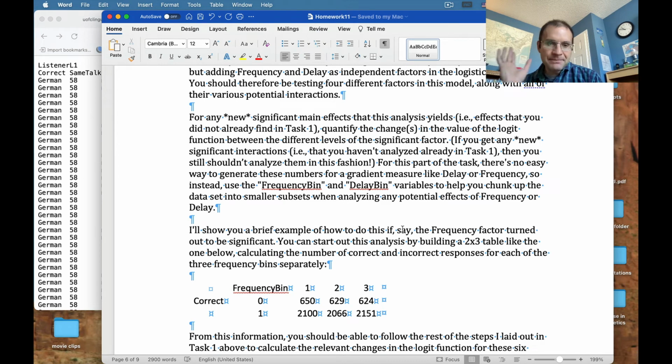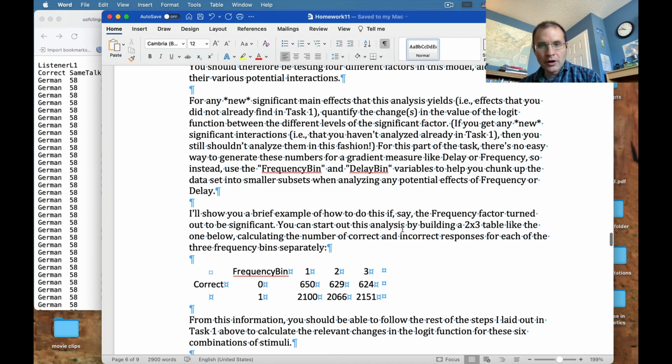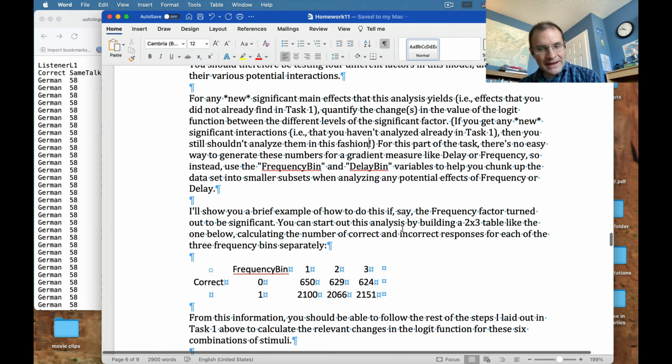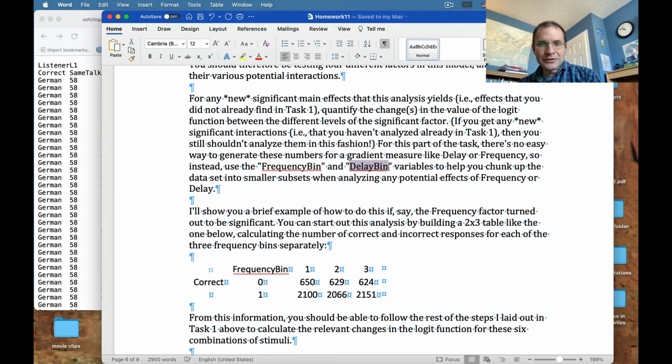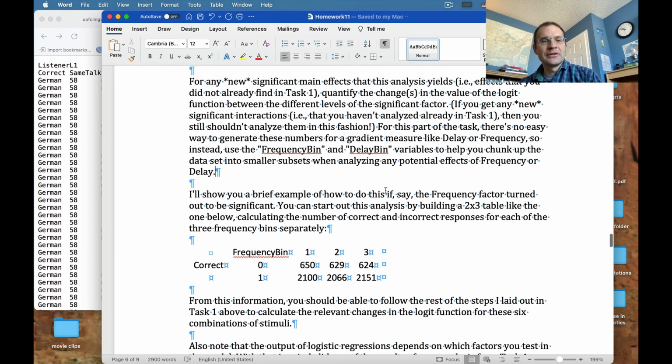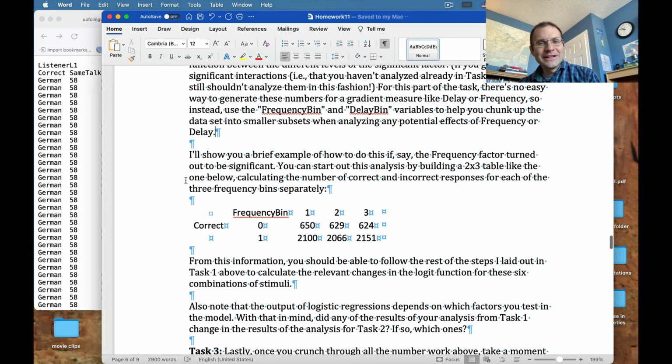So if you get significant effects for those factors, use the frequency bin and delay bin variables to kind of chunk up the data into smaller subsets when analyzing those potential effects. So I'll do this for frequency. If that turns out to be significant, you get a data set that looks like this. So remember, we have 3 different frequency bins here with low, medium, and high frequency.